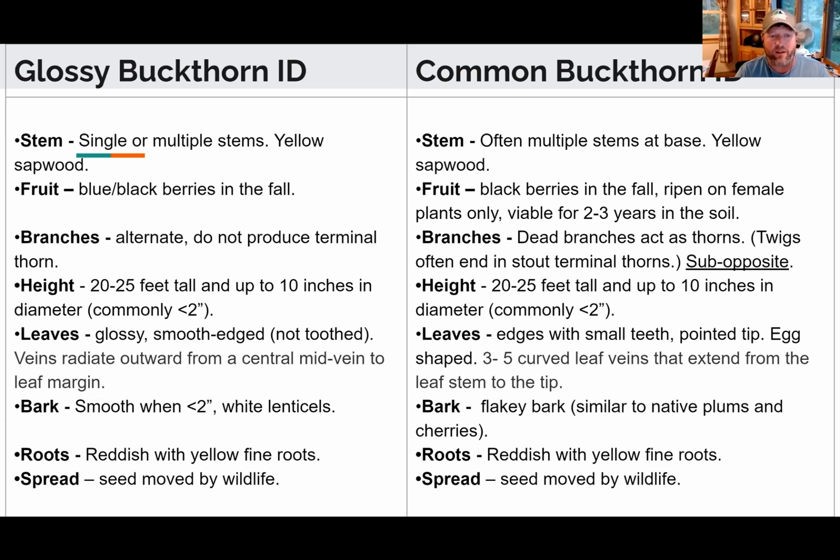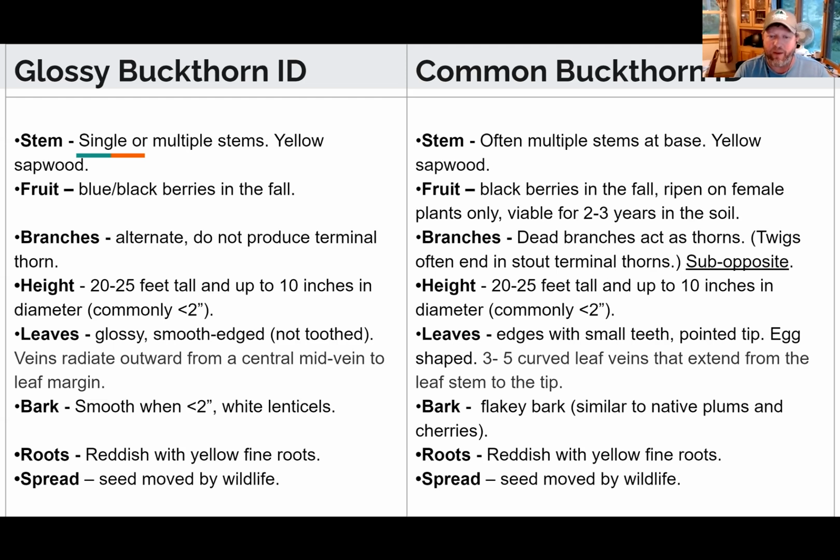The leaves on glossy buckthorn are smooth edged. They're not toothed, and the veins radiate outward from the central midvein to the leaf margin, which is an important distinction between that and common buckthorn, where the veins radiate out and they extend from the stem to the tip of the leaf, and the leaf is egg-shaped.